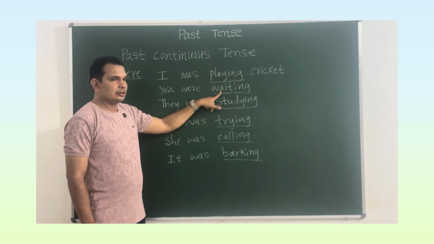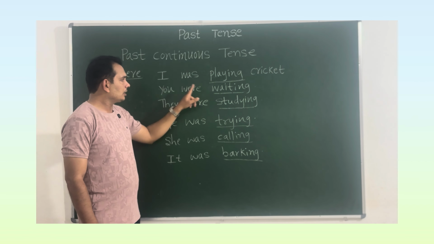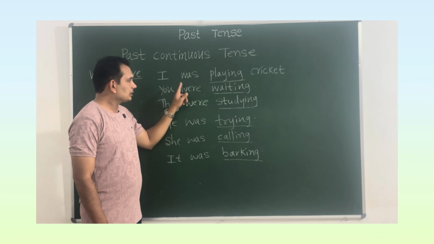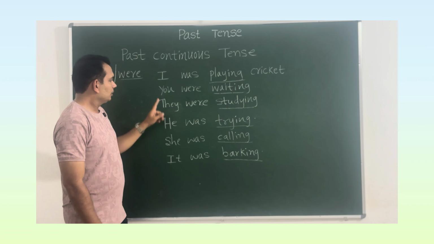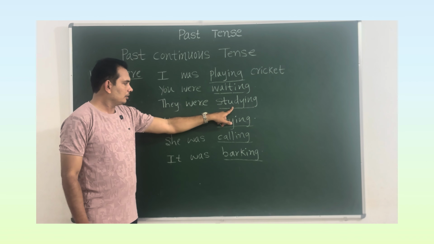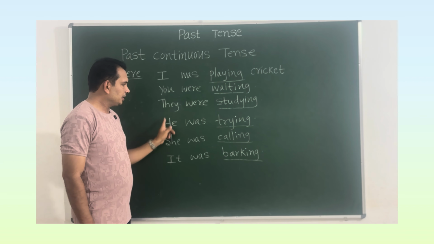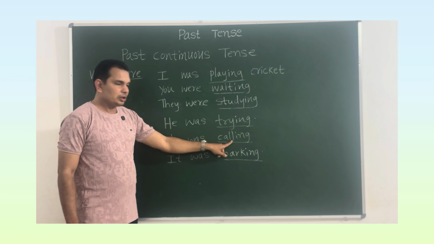You were waiting. Were you waiting? In the present continuous tense we say, are you waiting. In the past continuous tense we say, were you waiting. They were studying. Were they studying? He was trying. Was he trying? She was calling.